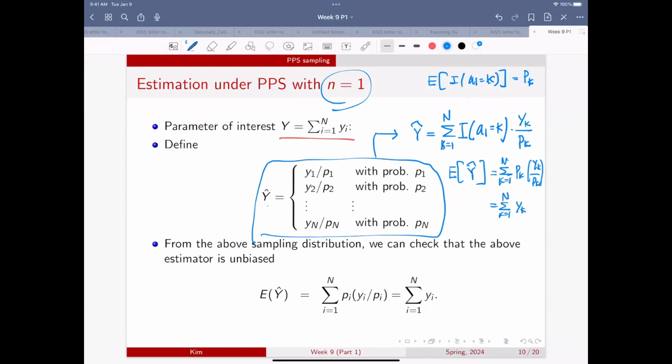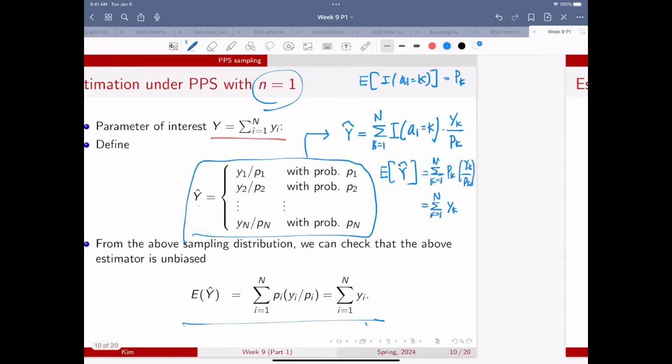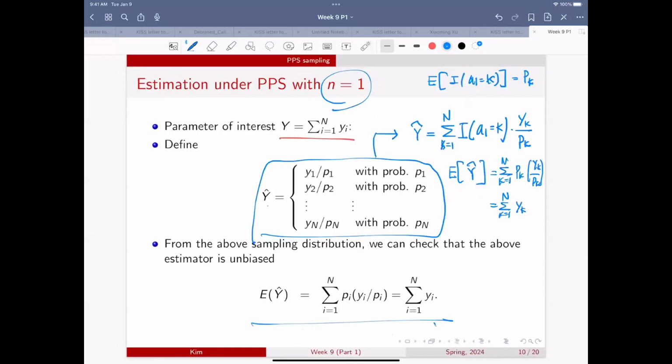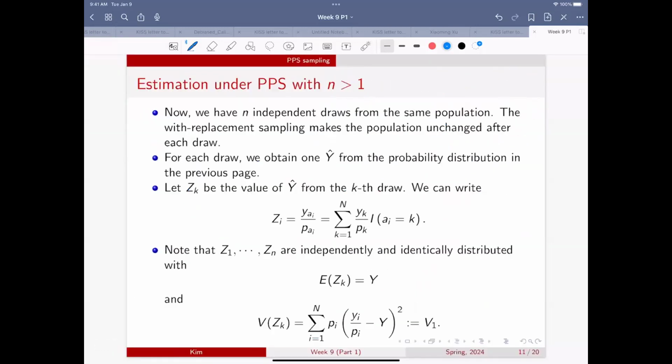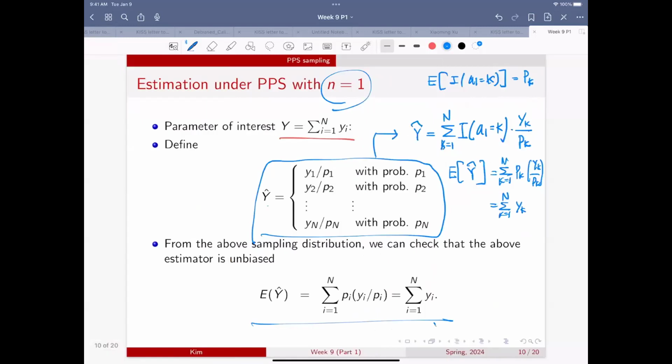Okay, so you get this. Now, so n equal to 1, no problem.